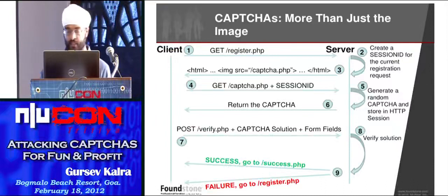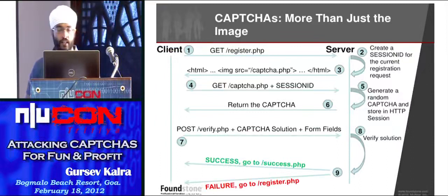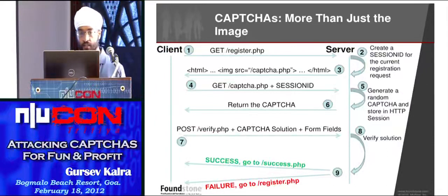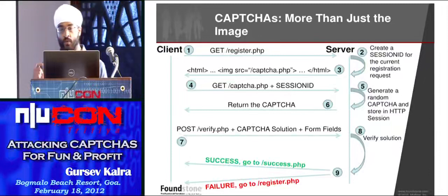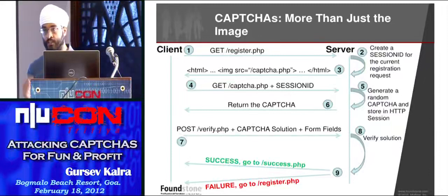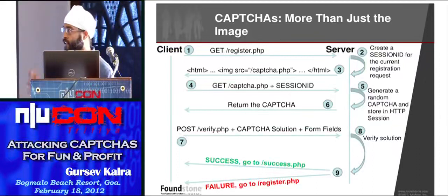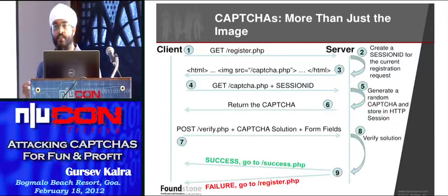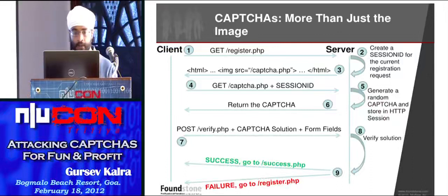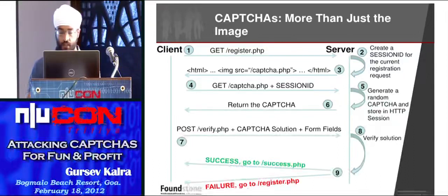The next request goes to the server, which requests a CAPTCHA, and it sends the session ID. We can see that the request to the CAPTCHA URL is not the first one. It is always after the register page, or after the user obtains a valid session ID, if the session ID is being implemented. And then the website generates a random CAPTCHA, stores the CAPTCHA solution in the HTTP session, and returns the CAPTCHA back to the user.